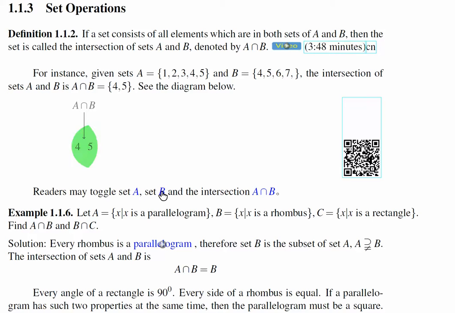You click B, it disappeared. So this part will be the intersection. All right, let's see another example.